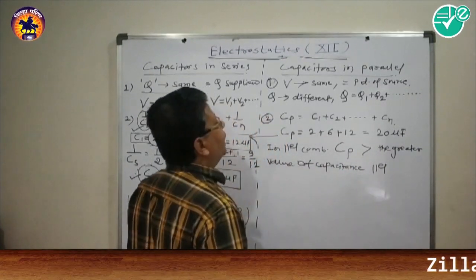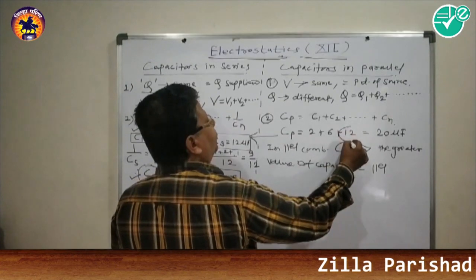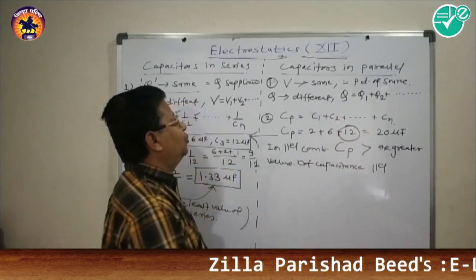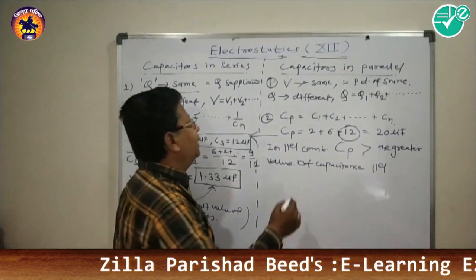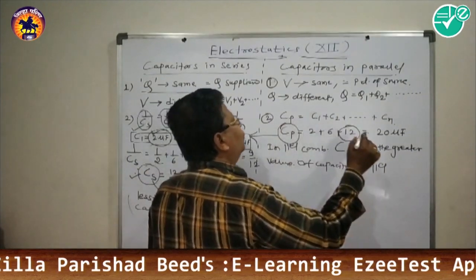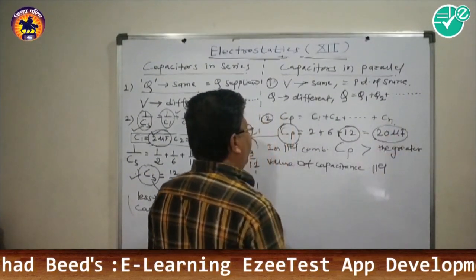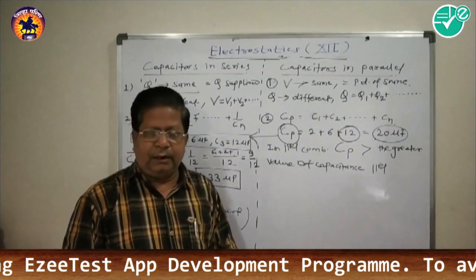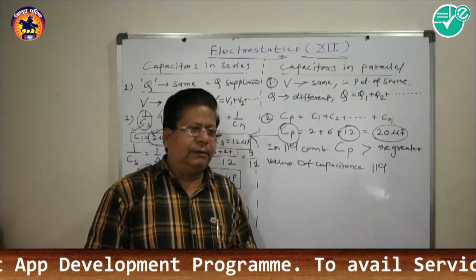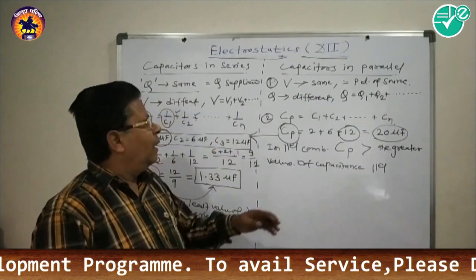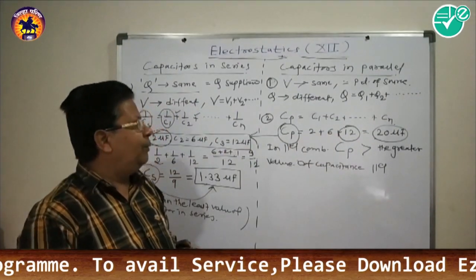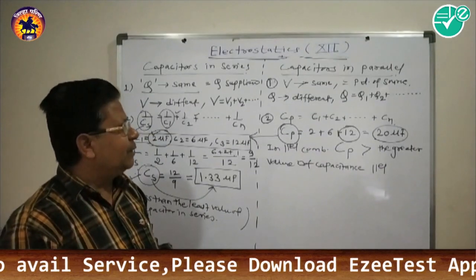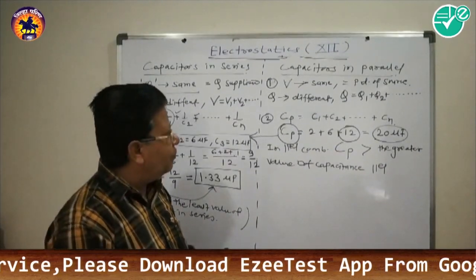So in this case, the largest value of the 3 capacitors in parallel is 12 microfarad, and when they are connected in parallel, the value Cp comes out to be 20 microfarad. So Cp is greater than the higher value of capacitance in parallel combination.